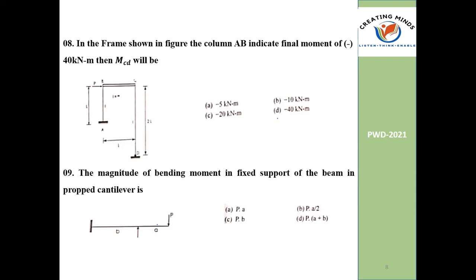What is the answer for propped cantilever moment? PAB into L plus B by 2L square is the moment generated at the fixed end. But what is he asking? Bending moment in the fixed support only. In that case, we have to substitute. Please consider the equation I have given for propped cantilever. What is the equation?